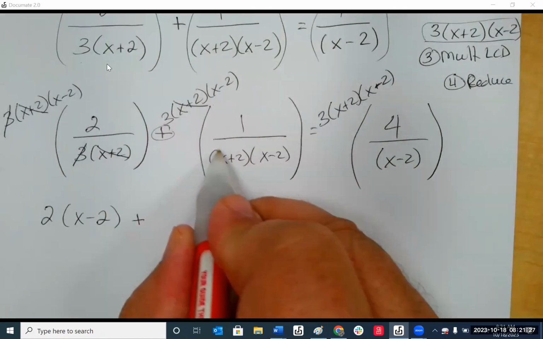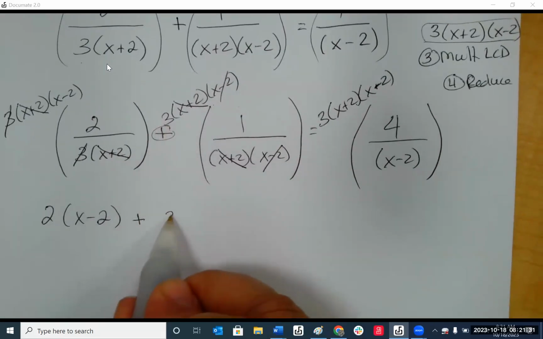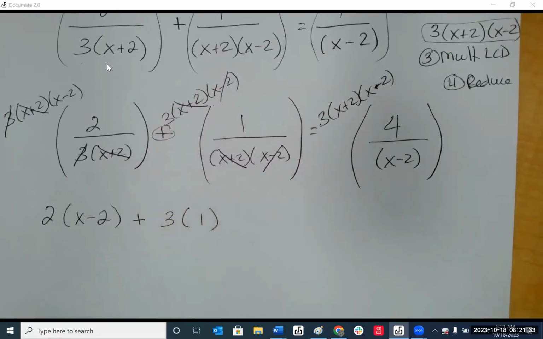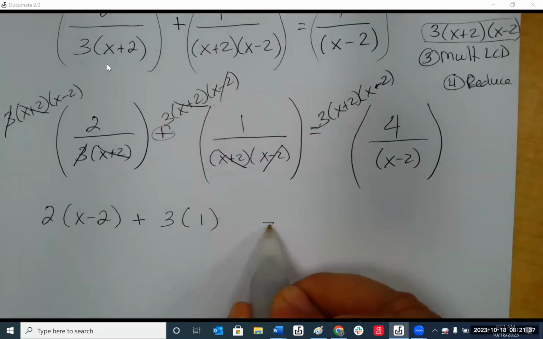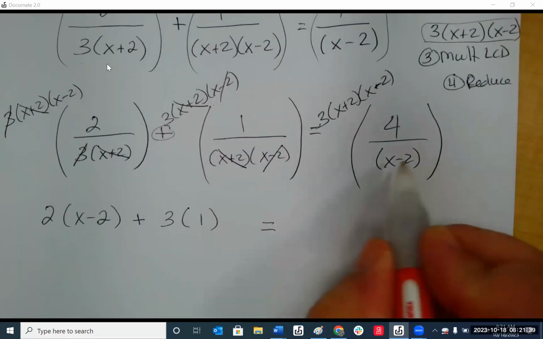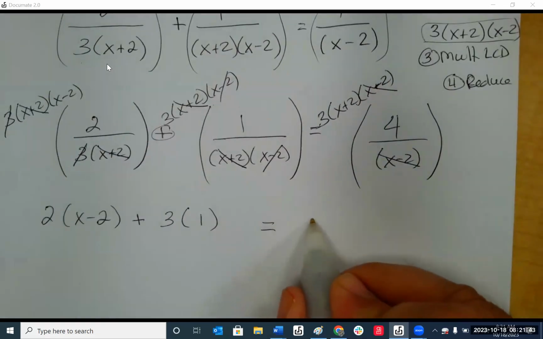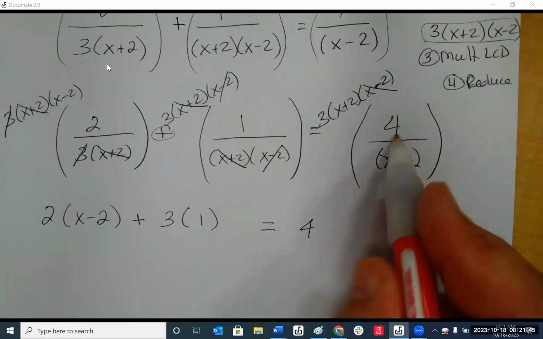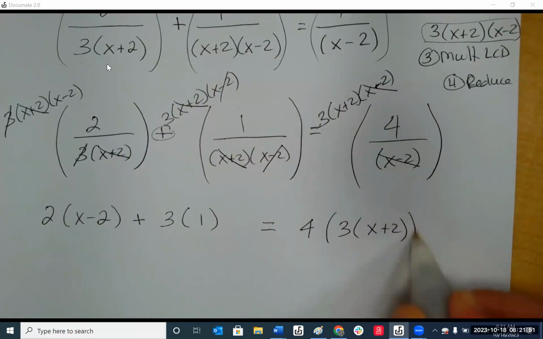The x plus 2 cancels, the x minus 2. So we just have 3 times 1 equals the x minus 2 cancels. So we have 4 times 3 times x plus 2.